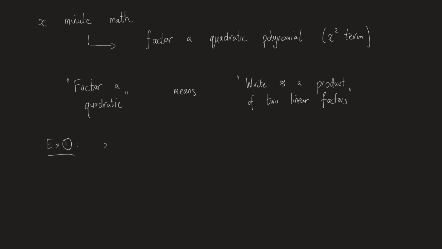So the quadratic expression x squared plus 7x plus 12 can be written as the product of x plus 3 and x plus 4. Now the great thing is we can check this by just applying the FOIL method to expand out our brackets. So let's pair up our terms: first, outside, inside, last.